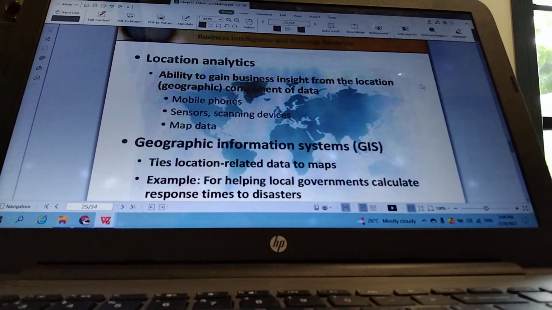So the location is very critical data which is being identified by your smartphone for many purposes.